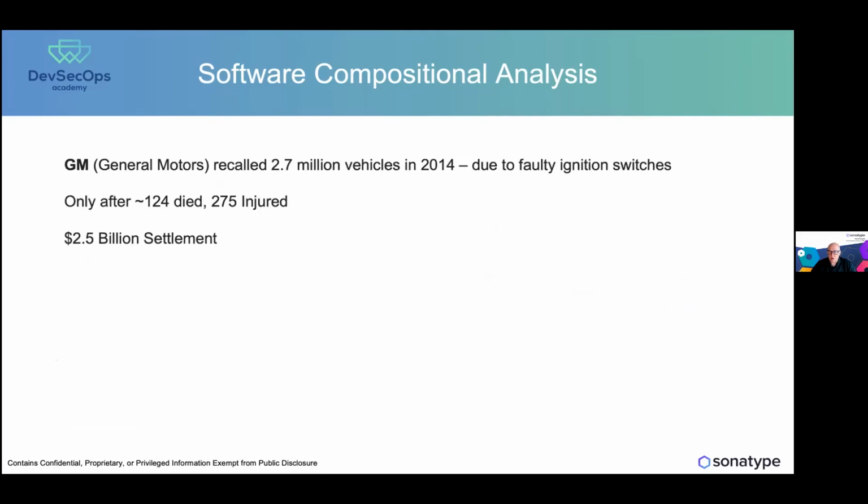So a couple of examples here. Why do we really need to bother? This has got some real world examples related back to the automotive industry. General Motors had to recall almost 3 million vehicles over a faulty ignition switch.